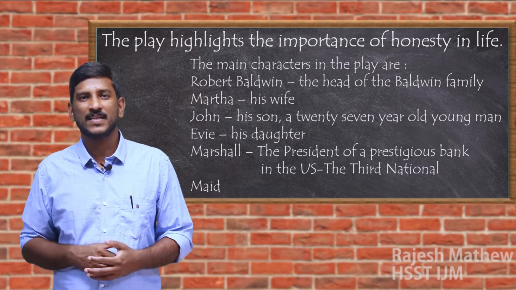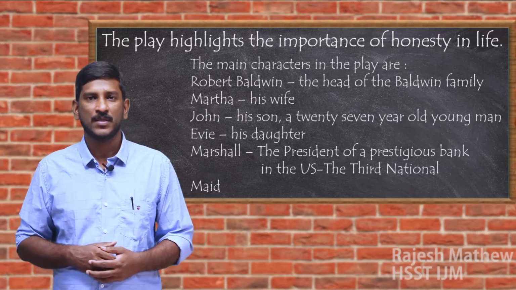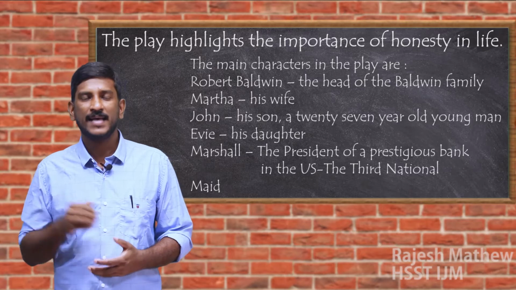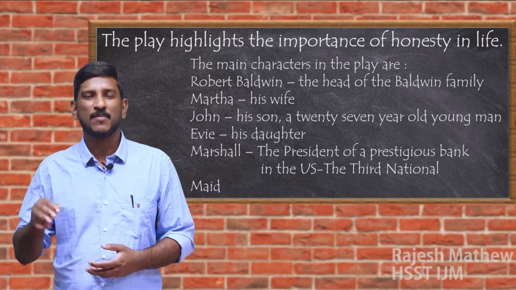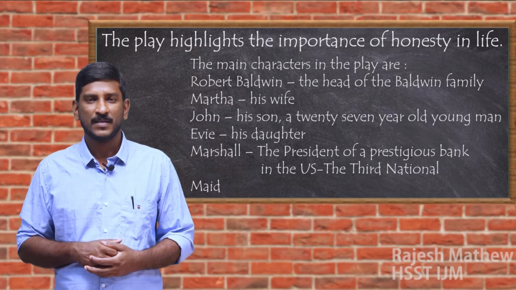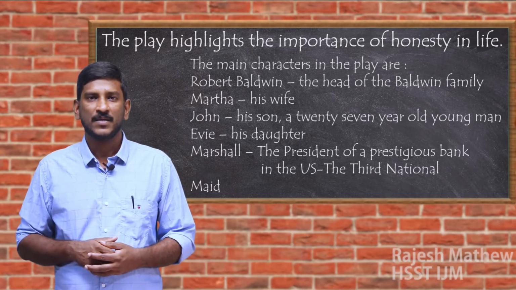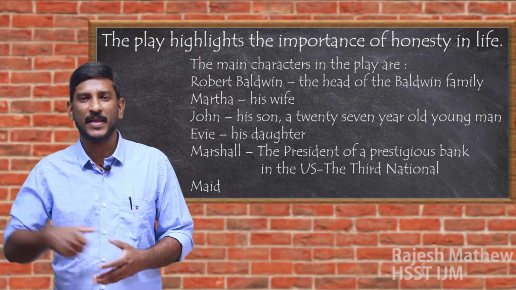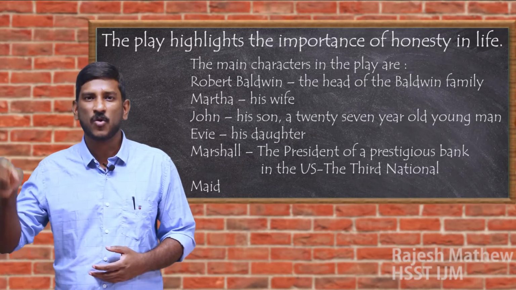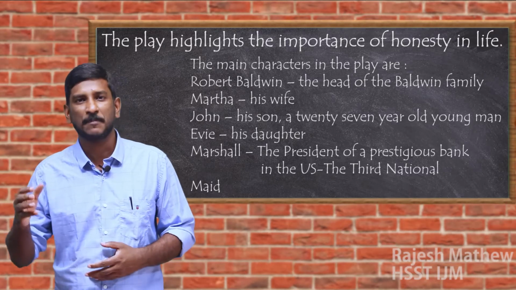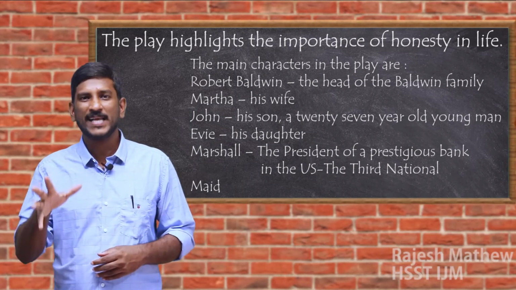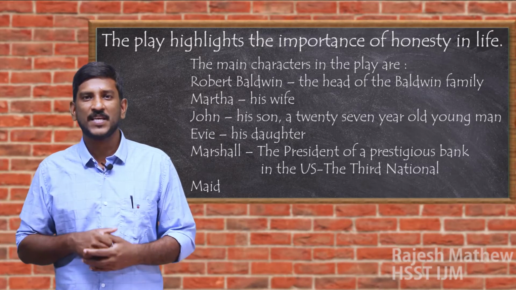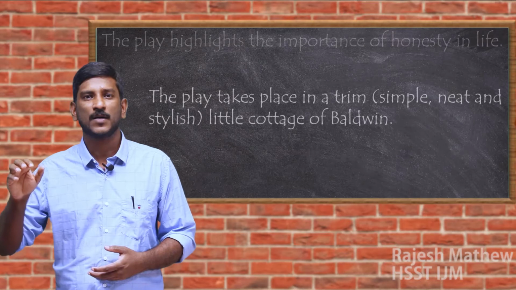Two other characters are Mr. Marshall, the president of the bank, Third International, and a maid. Apart from all these 6 characters, there is another character. Even though his physical presence is not there in the play, he plays a vital role in the plot of the play. His name is Gresham. The play takes place in a small trim cottage of Robert Baldwin.